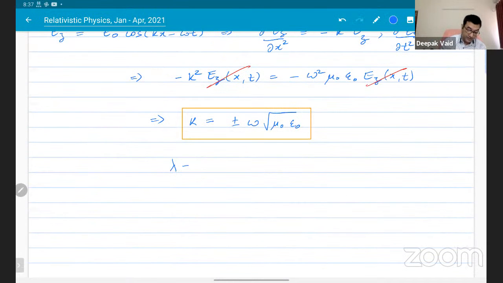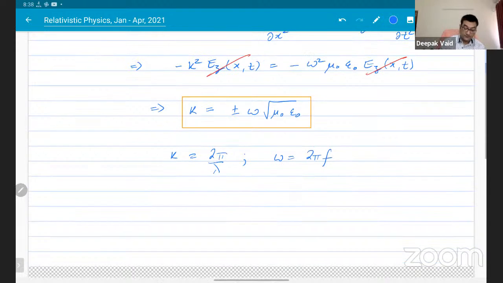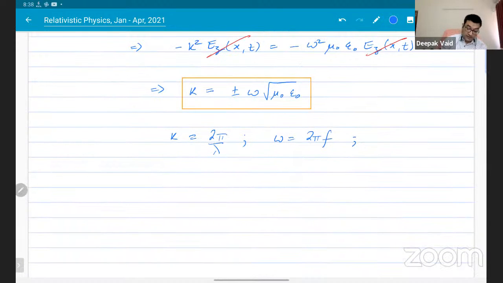What is the wavelength? The wavelength is related to k. k is equal to 2 pi by lambda. What is omega? Omega is equal to 2 pi f, where f is the frequency. And the wavelength and the frequency are related in this way: lambda times f is equal to the velocity, or I should say speed, of the wave, right?